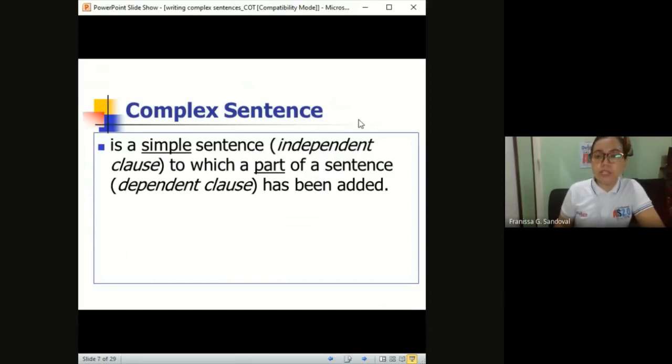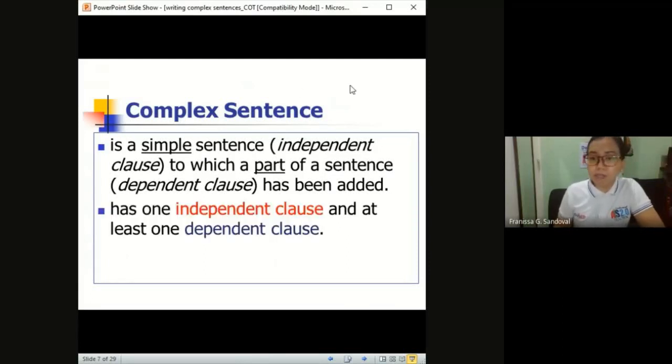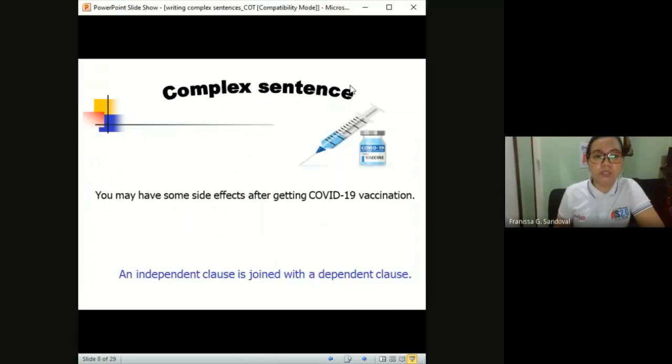A complex sentence is a simple sentence to which a part of a sentence has been added. A complex sentence has one independent clause and at least one dependent clause. So again, let's take a look at the example.